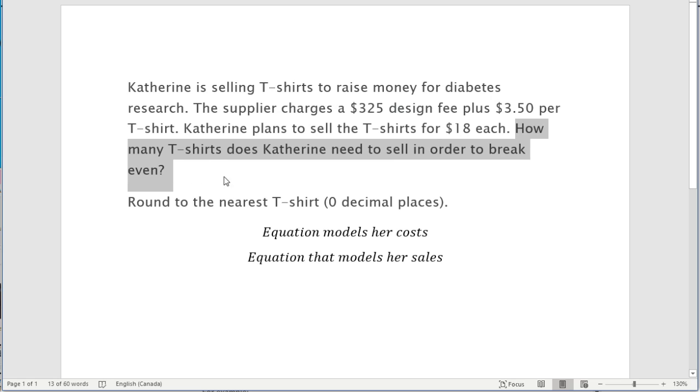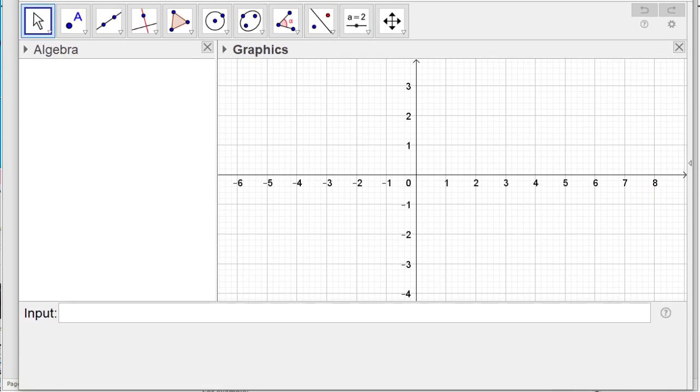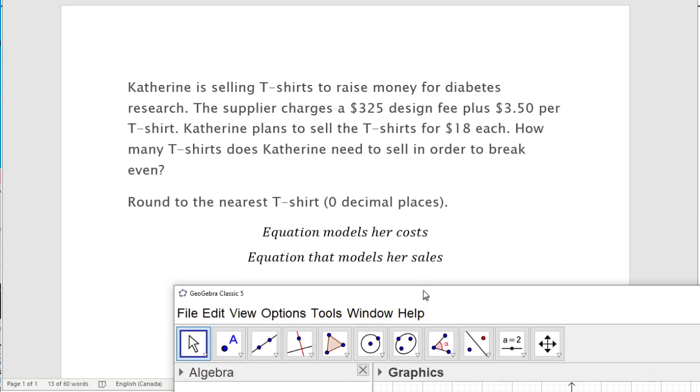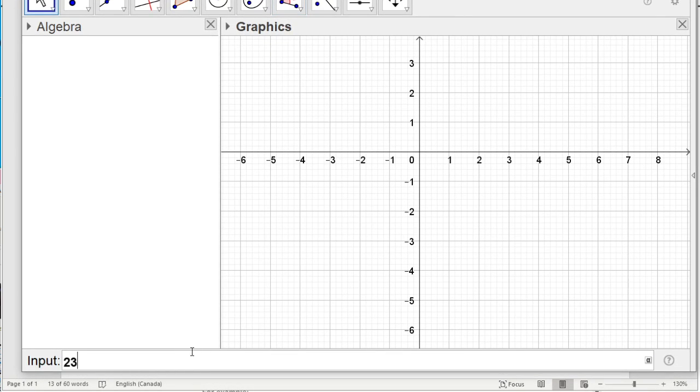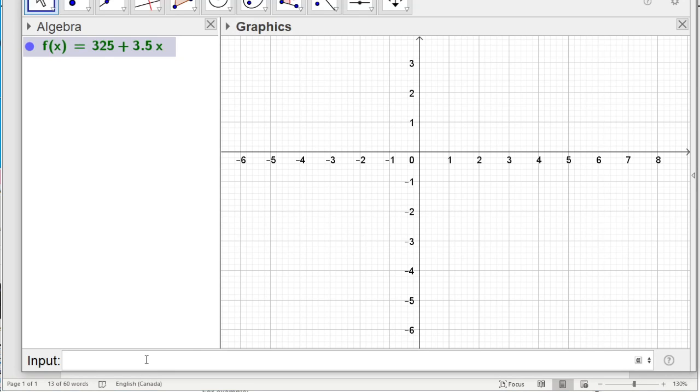Now, the concept of break even means that she has sold as much as it has cost her to do so. So, in other words, if you look at a quick picture of what this question is going to look like, we have 325 plus 3.5x, and that would be her costs, and then she's selling them for $18 each, and that would be her sales.